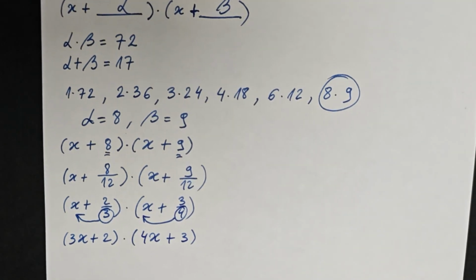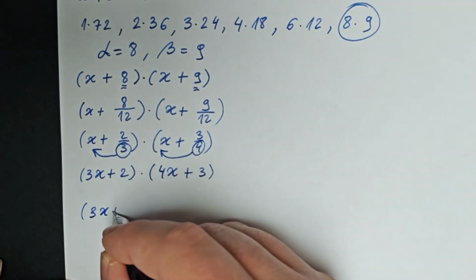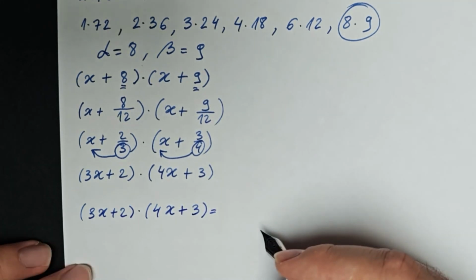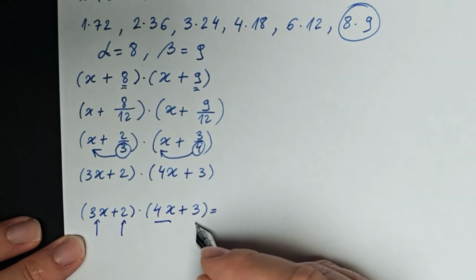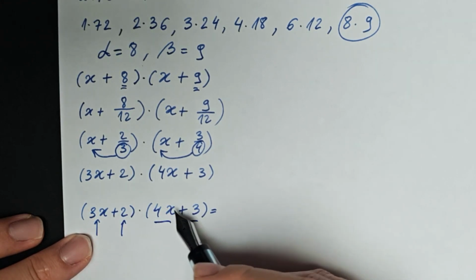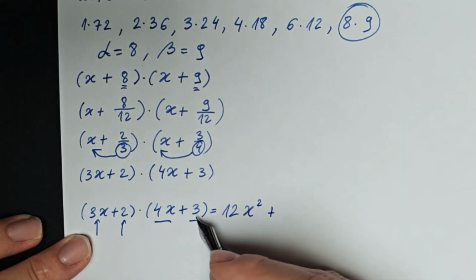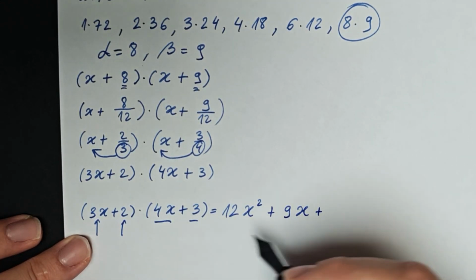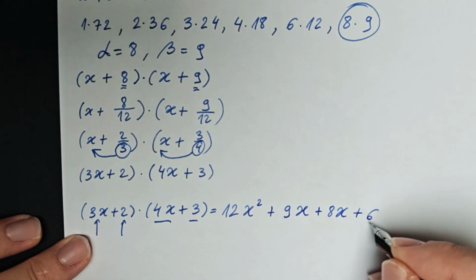If you want to check the correctness of the solution, you can expand the brackets. So 3x plus 2 multiplied by 4x plus 3 is equal to... By multiplying each number of the first bracket by every number of the second bracket, we get that 3x multiplied by 4x is 12x squared, plus 3x multiplied by 3 is 9x, plus 2 multiplied by 4x is 8x, and 2 multiplied by 3 is 6.